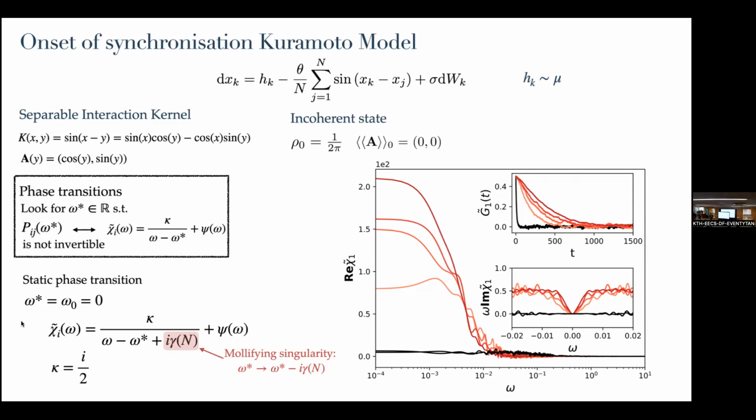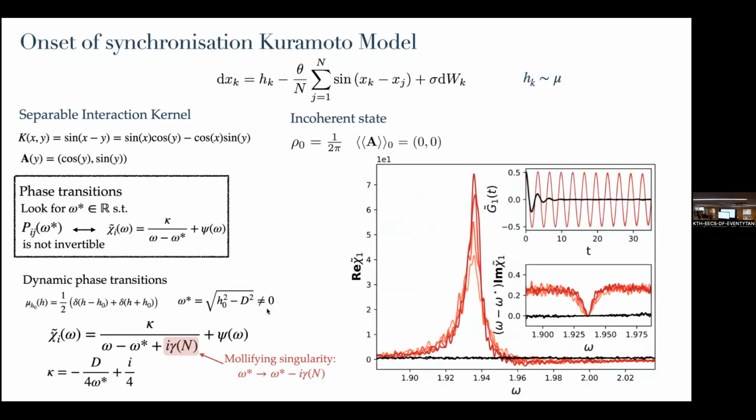So the frequency is still the omega star that you obtain. For example, let me take this one. This is the Kuramoto model where you have a bimodal distribution of frequencies. So basically, either you have plus one frequency or minus one frequency, and these are the agents.